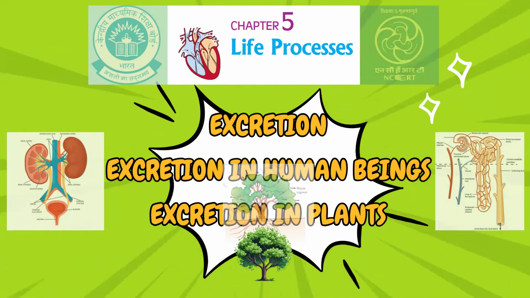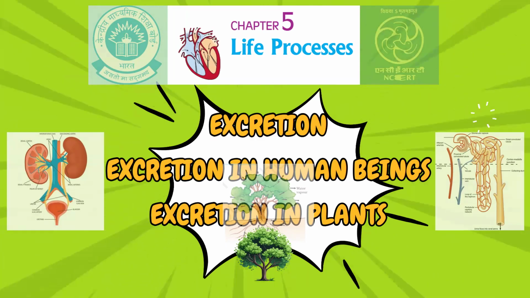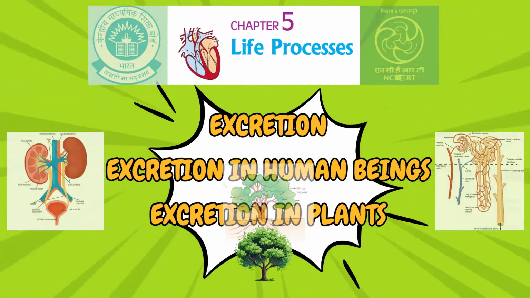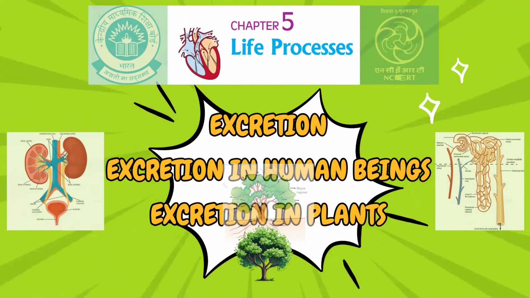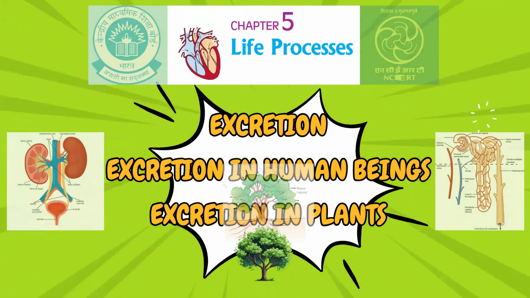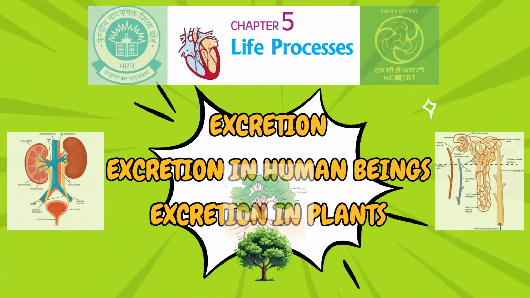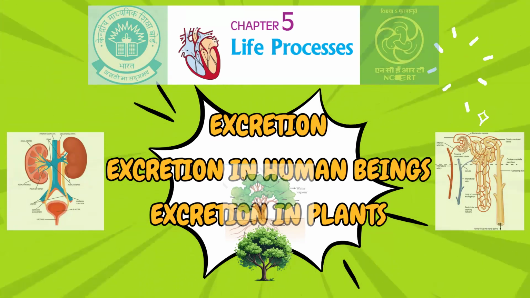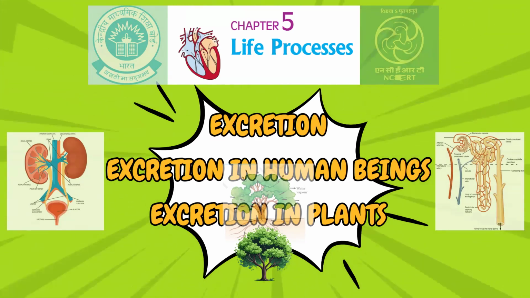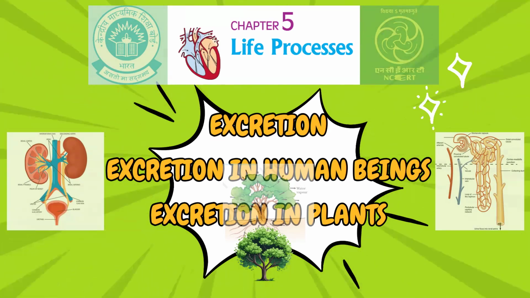So whatever life processes we studied so far, from nutrition to excretion, happen step by step: we obtain food, which is broken down into simple substances, which helps to give energy, which we learned in the form of respiration.